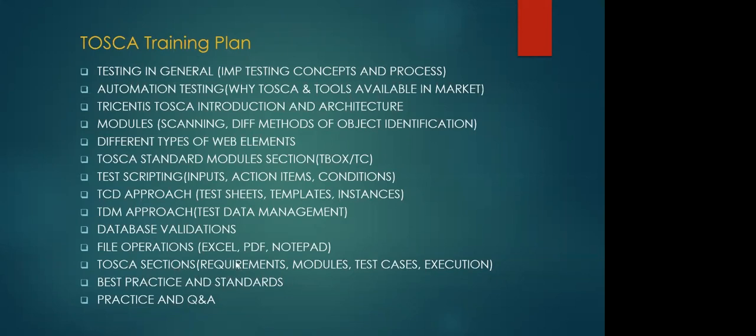Mainly in this session on Tosca sections, we will talk about how we can create a specific requirement, how we can link it to modules, test cases and executions, and how we can get traceability created. Okay, and best practices. So best practices and standards.